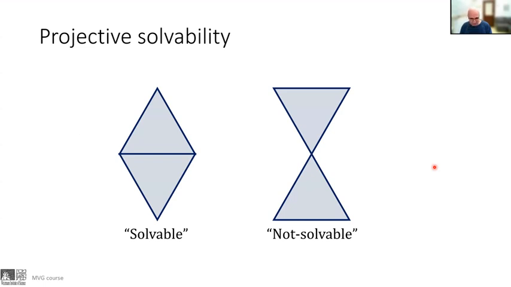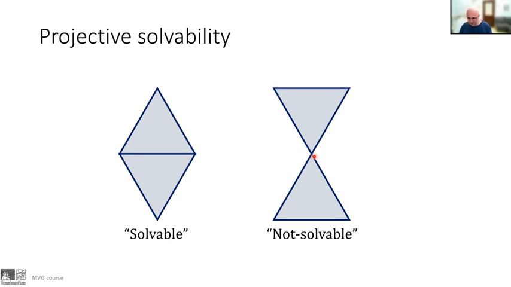Now, remember, we talked about solvability. A graph like this is solvable. So these are 3 views, 3 nodes, 2 triangles connected by an edge, while a graph like this is not solvable, right?